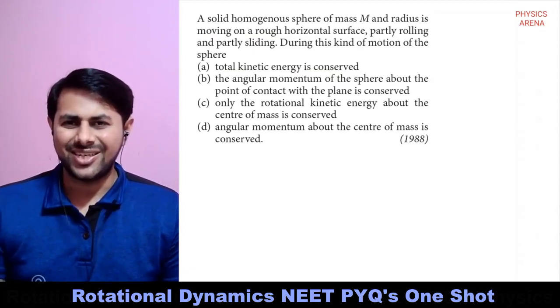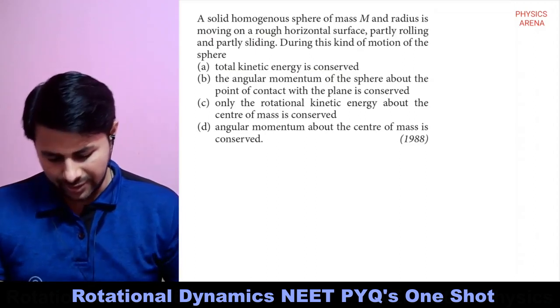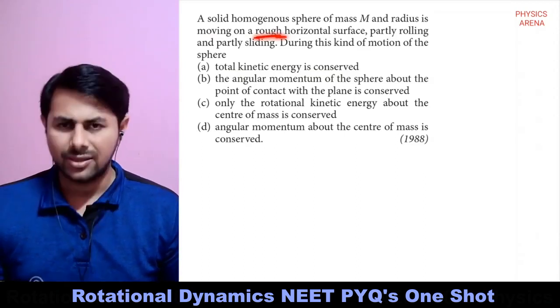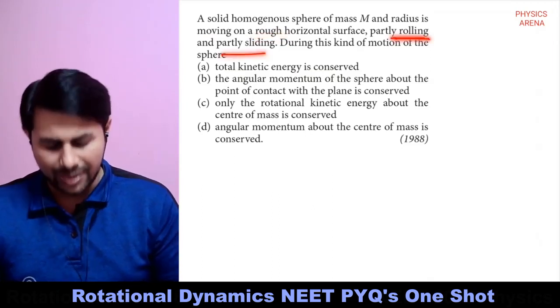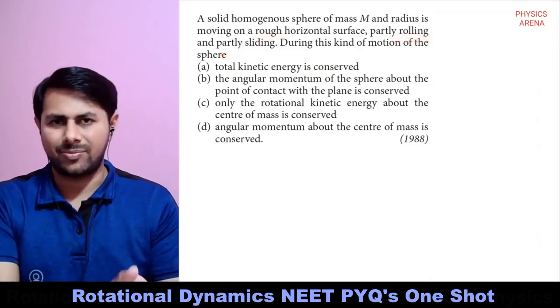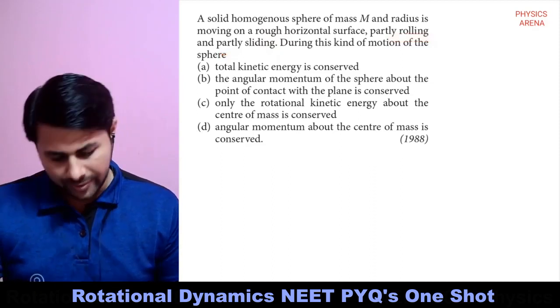Speed decreases, kinetic energy will be conserved or not? Not conserved, right? Speed is decreasing. Okay, it is given it's a rough surface, and it is partly rolling and partly sliding. If it slides on rough surface, speed will decrease, so kinetic energy is not conserved, right?